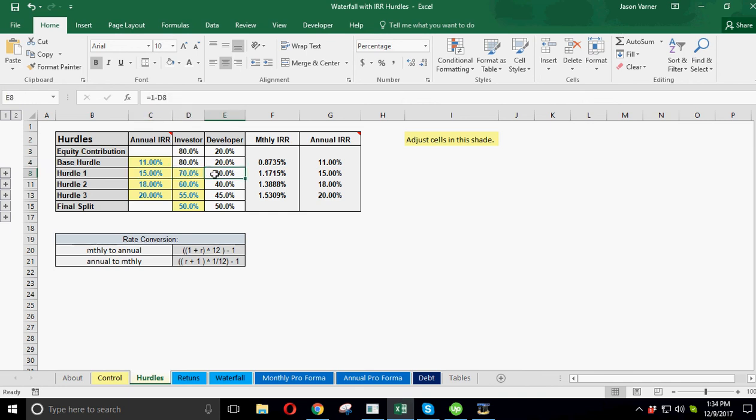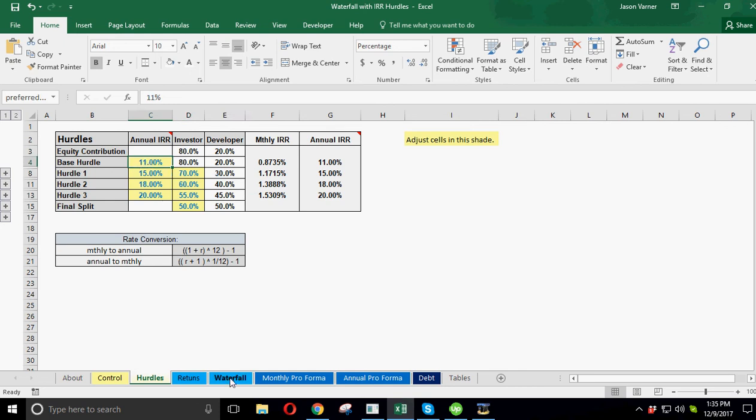So any internal rate of return, let me see if I'm thinking about this right. Yeah, because anything over 20 is going to be 50-50. 18 to 20 is going to be 55-45. 15 to 18 is going to be 60-40. So 11 to 15%, and that's why this is like the base hurdle. So anything over this base hurdle, you're going to start splitting cash flows.